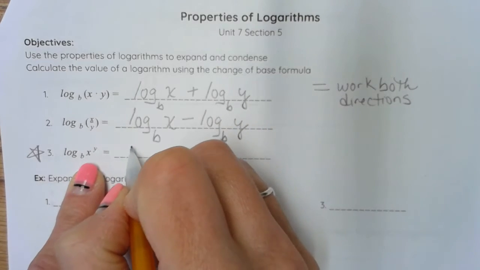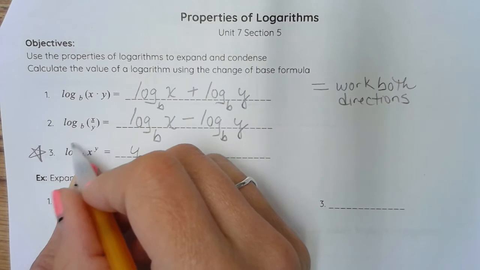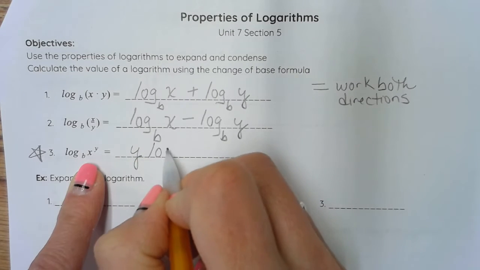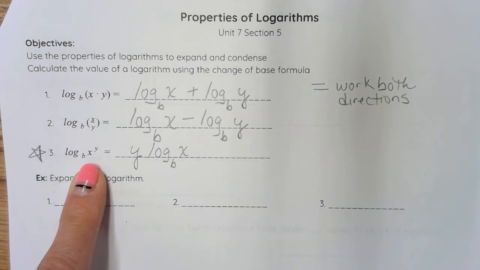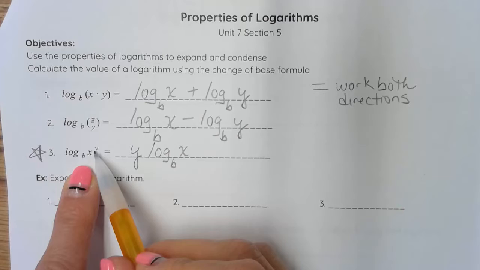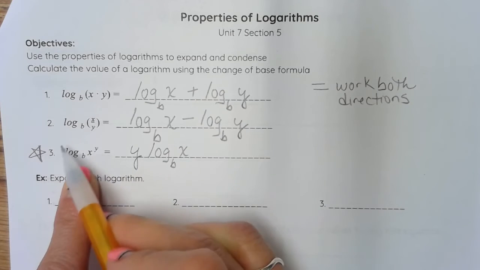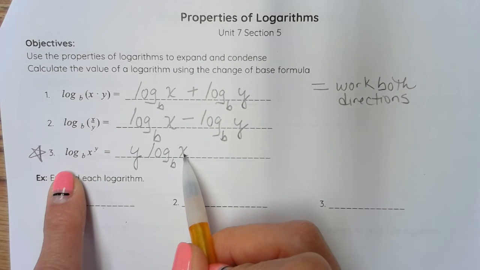Well, logs have this amazing property that we can take this exponent and bring it out front as the coefficient. So I can bring the exponent y out in front and get y times log base b of x.